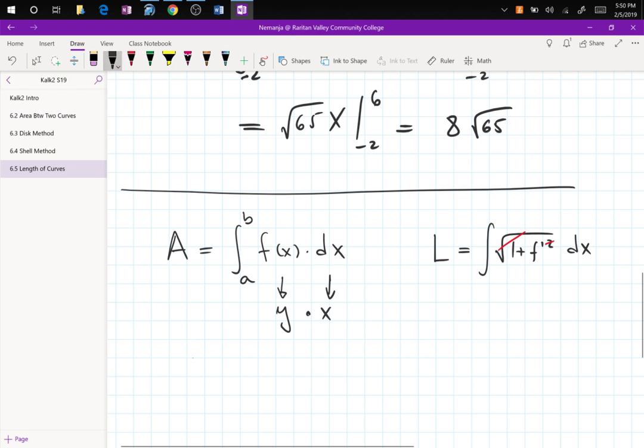Now, the integral of the derivative, if you remember your fundamental theorem of calculus, said that when you have the derivative of the integral of some f of t dt, you get f of x on the other end. So you get y. It's one dimension, so it's length. So when you look at the way the formula is structured, it does make sense. It is one-dimensional.